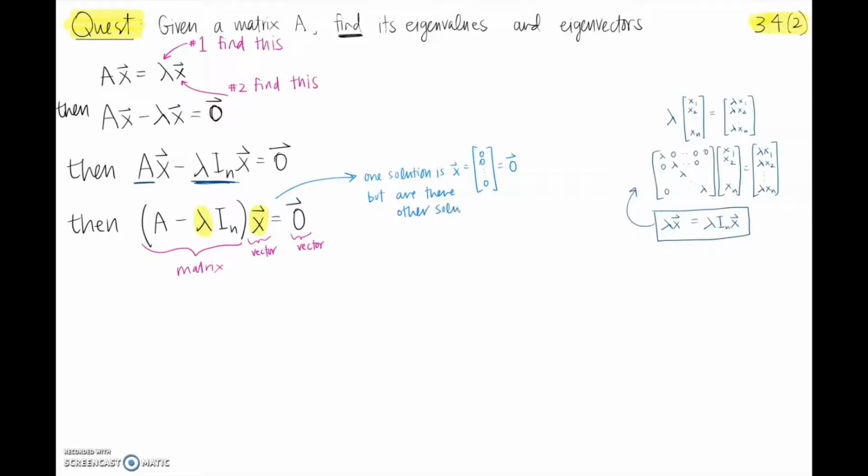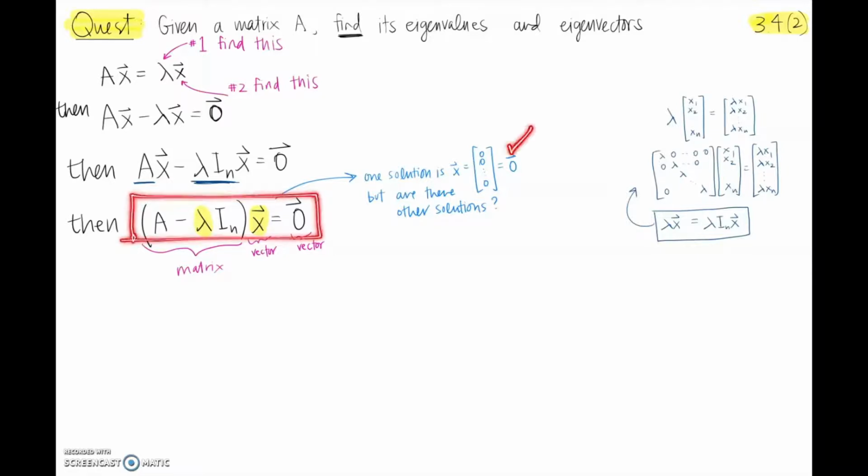Are there other x vectors that would make this whole statement true? That's what we're on the hunt for. That's what we want to find. So this really is a matrix equation. And remember, systems of linear equations, which this is, have either no solutions, one solution, or many solutions.